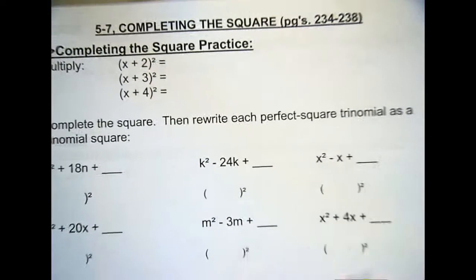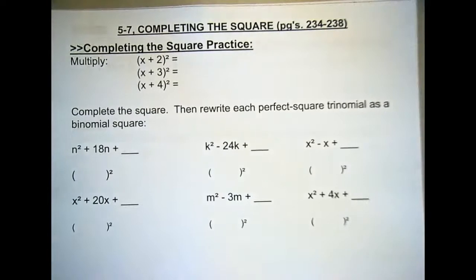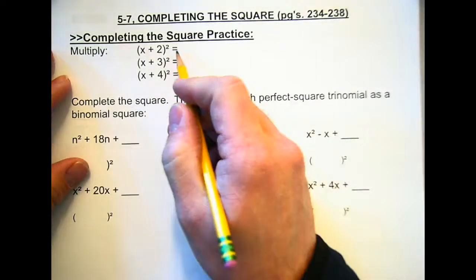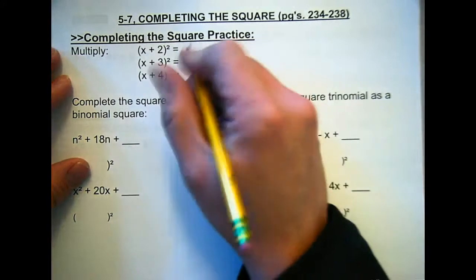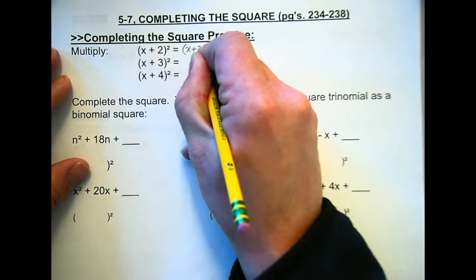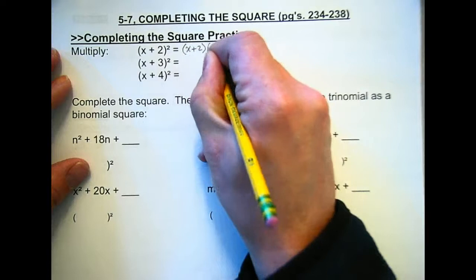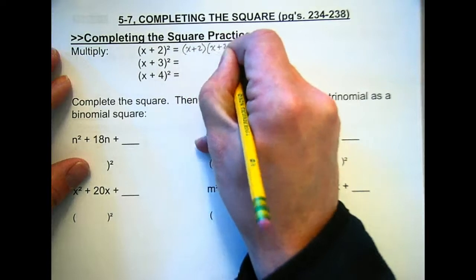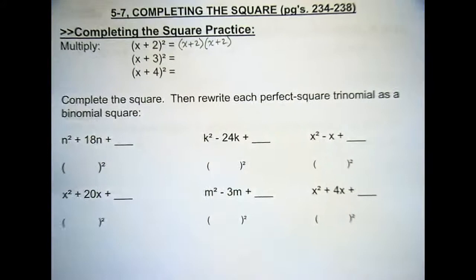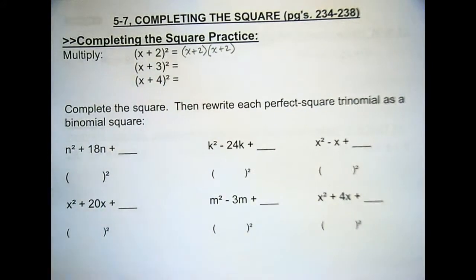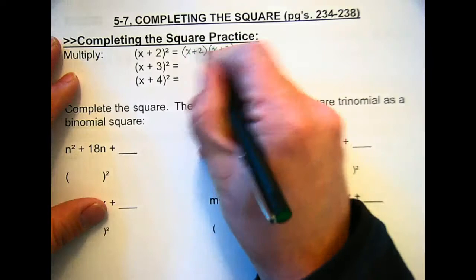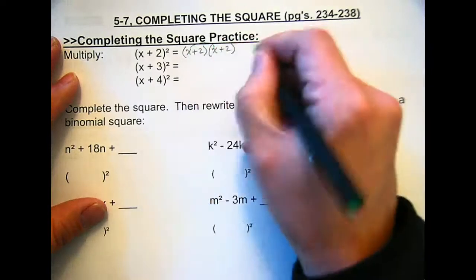All right, well, let's try some of these. Turn your note page over. First thing that we're going to do is multiply a couple of these out. So x plus 2 quantity squared, remember, means x plus 2 times x plus 2. And then when we're multiplying it out, recall that x times x gives me my x squared.